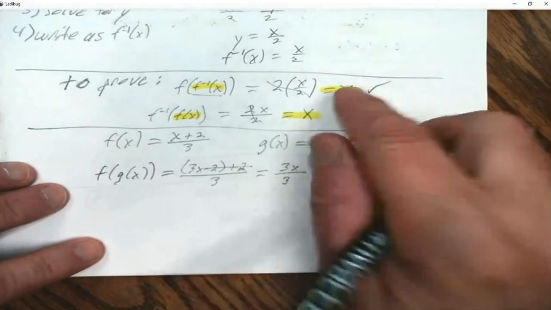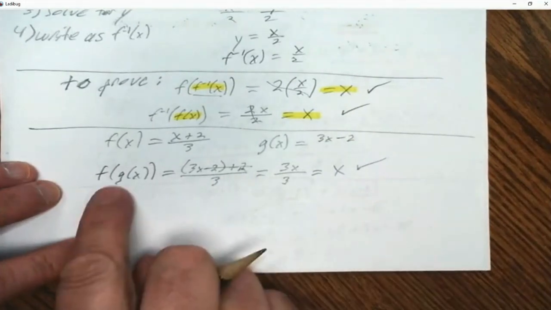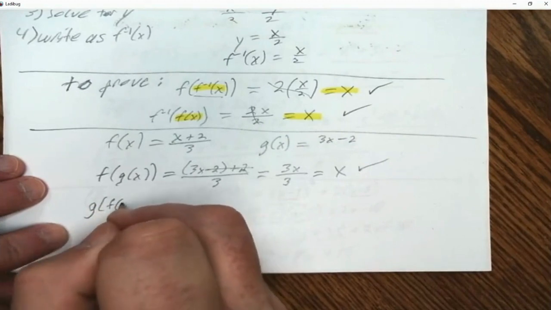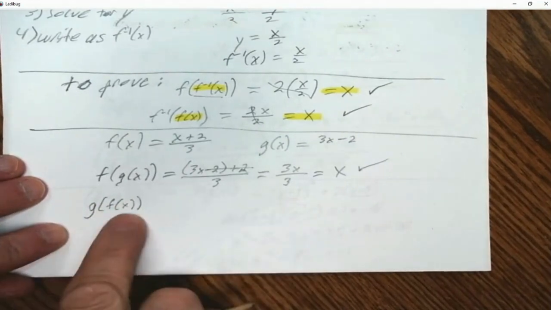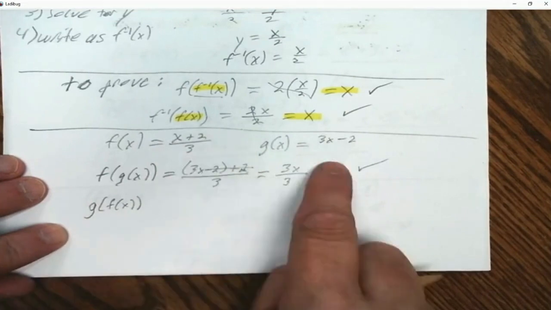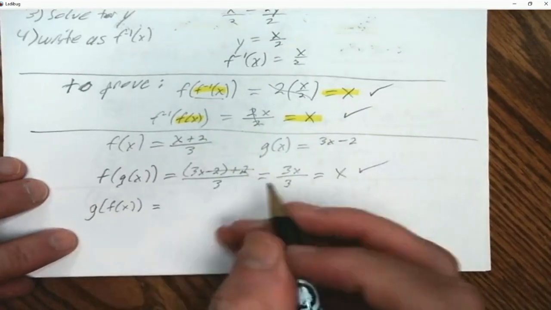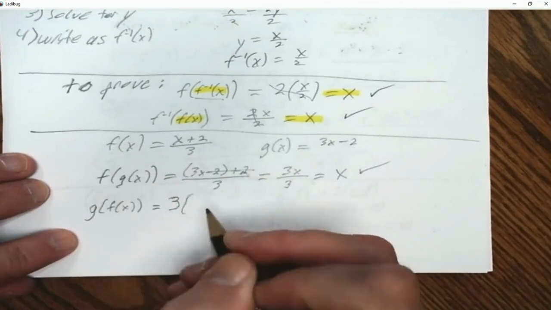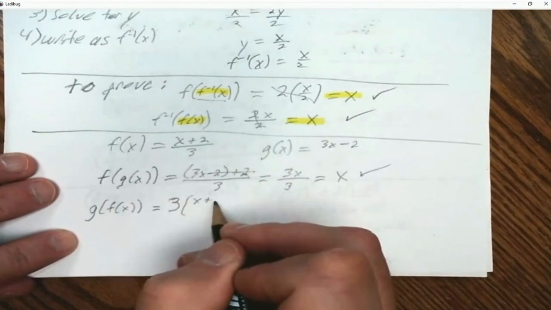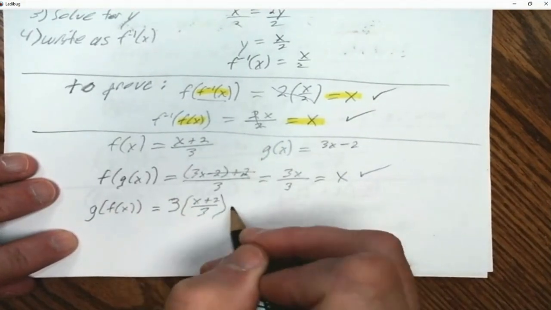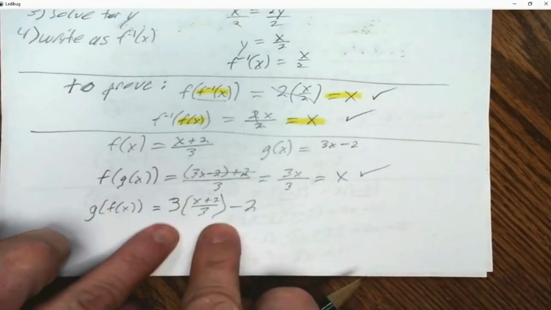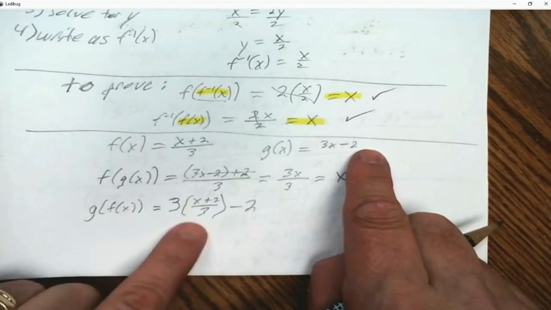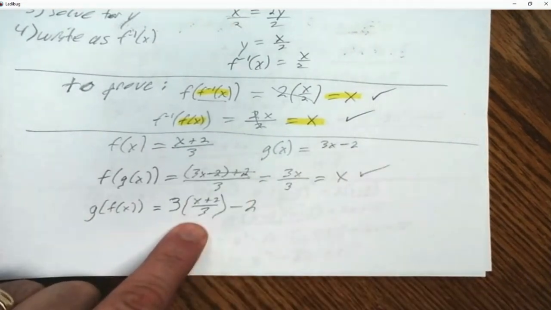We're halfway there. That worked. Does it work the other way around? G of f of x. If I take f of x right here and substitute it in for x on the g, 3 times, I'm going to make it big because I got to put a fraction in here, x plus 2 divided by 3 minus 2. See, that's the g of x equation, 3x minus 2, but instead of x, I've substituted f of x in for it.